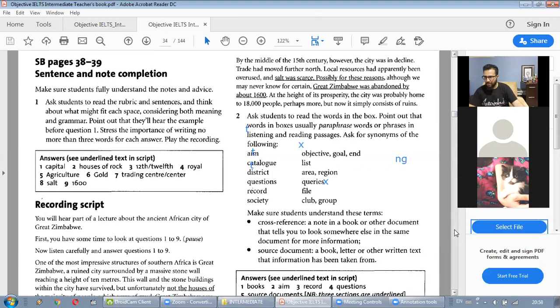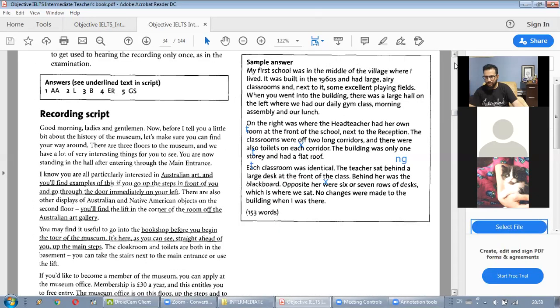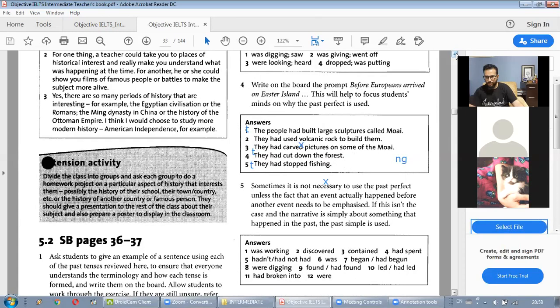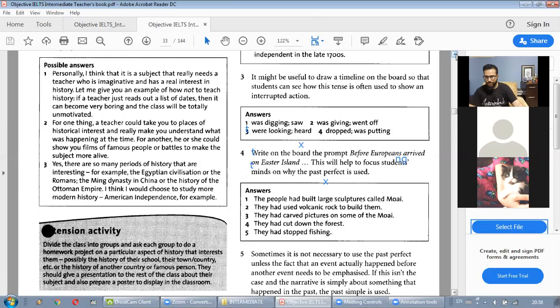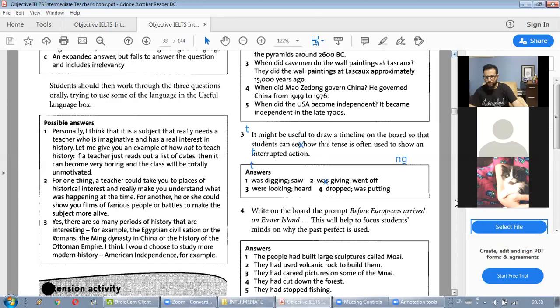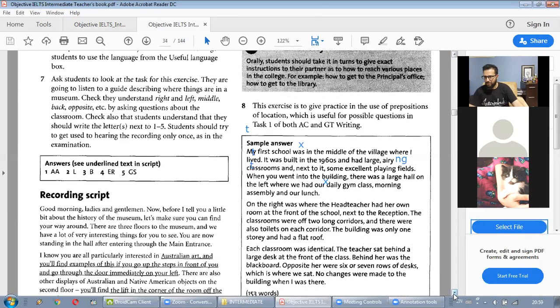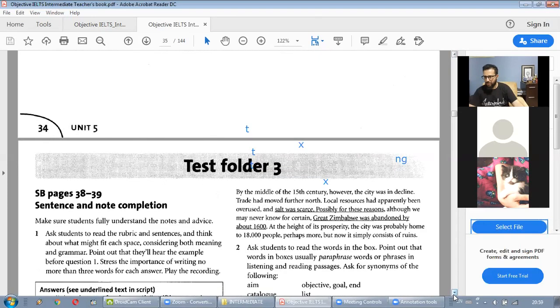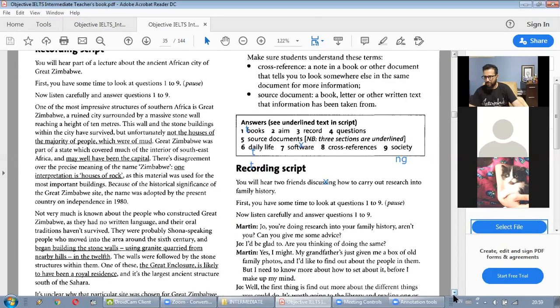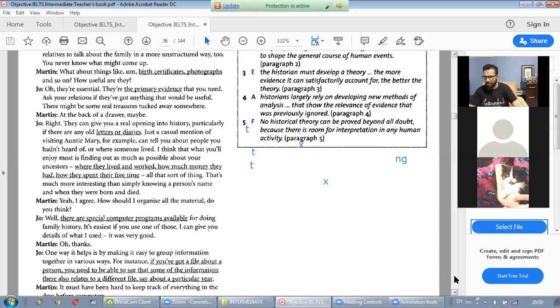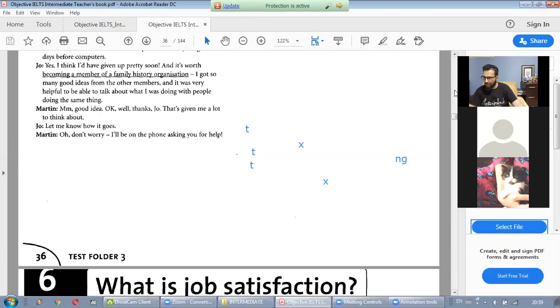Where is it? It's supposed to be here. Did you just pass it?